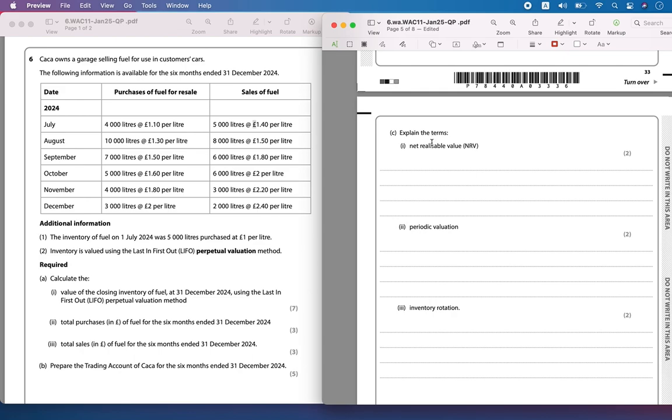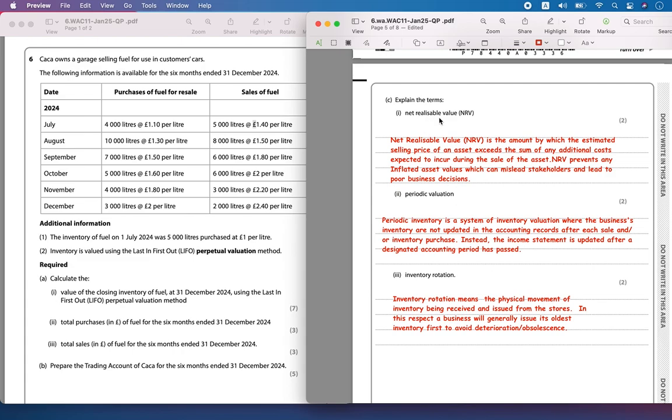Then we have to explain the term net realizable value, NRV. NRV is the amount by which the estimated selling price of an asset exceeds any additional cost expected to be incurred during the sale of the asset, which means selling price minus any additional cost which occurs during the sale of the asset.